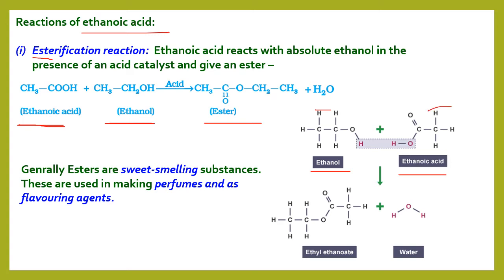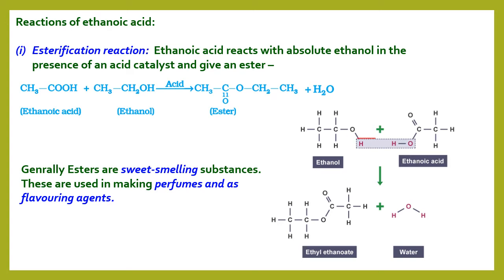See, this is CH3COOH. Okay, and ethanol is CH3CH2OH. Now, what do you observe? See, okay, at first let me clean it, then I'll show you again. Okay, now what do you observe?